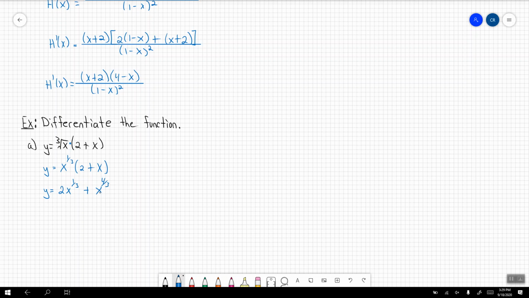So when we take this derivative here, we can now bypass that product rule, and all we're going to do is drop the exponent forward, which means we're going to have 2/3 times x to the power of the numerator subtracted by 1, which is going to be negative 2/3, good so far, plus, again, drop the exponent forward, 4/3, and subtract 1 from the exponent, so 4/3 minus 1, that's going to be 1/3.